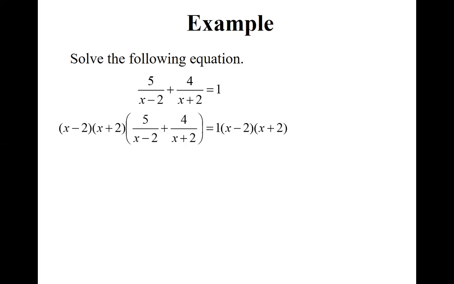The x plus 2 cancels in the second term, leaving us with 4 times x minus 2. When we distribute the 5 and the 4 on the left, 5x plus 10 plus 4x minus 8 equals x squared minus 4, what we get when we FOIL those or use the special formula.